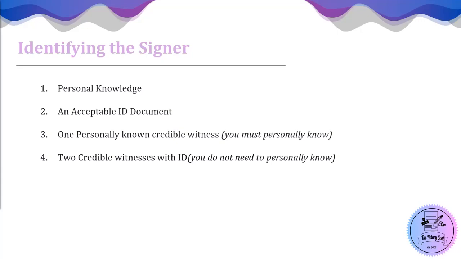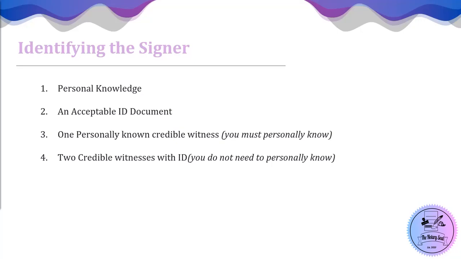Then the fourth way is 2 credible witnesses with ID. These are credible witnesses that you do not know. It could be a family member of the person who's signing, a neighbor of that person, or your neighbor, really almost anyone.